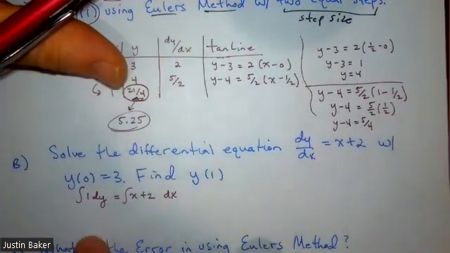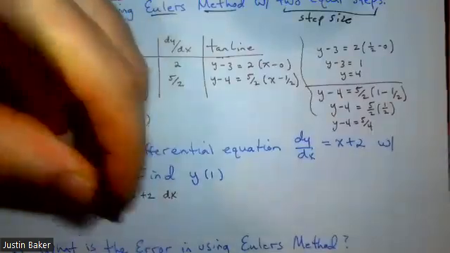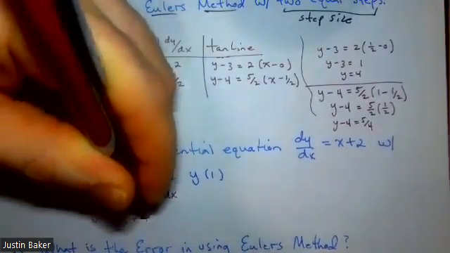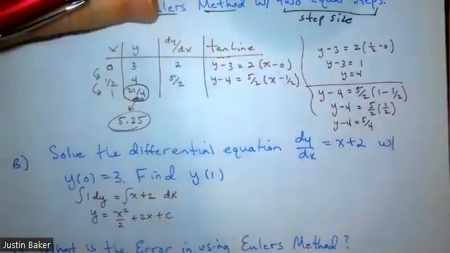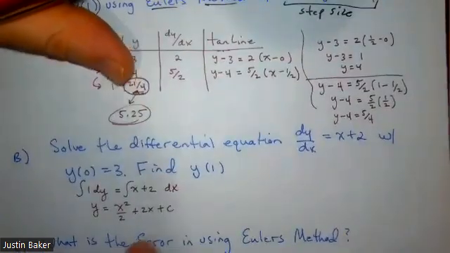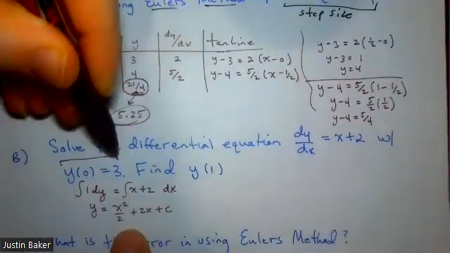If I integrate the number 1, I should come up with y. And if I integrate the other side, that should be x squared over 2 plus 2x plus c. Now I want to solve for c, so I have this point up here to help me do that.